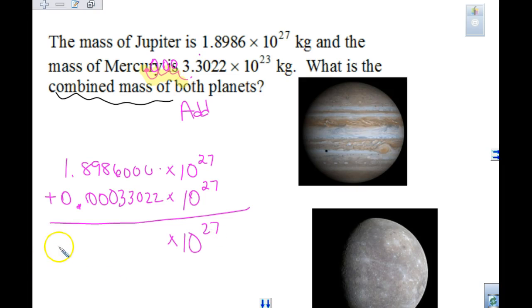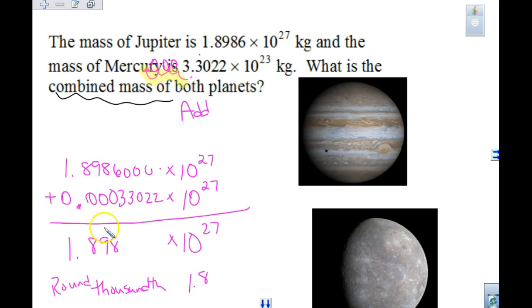And if I ask you to write their combined mass and I say round it to the nearest thousandths, if I'm rounding this to the thousandths place, I'm really talking about 1.898. Did it even matter that I added these together? No. Not really. It was so small. My answer is 1.